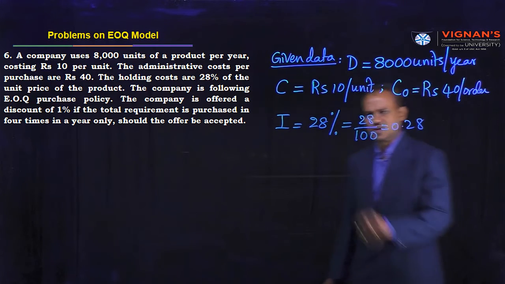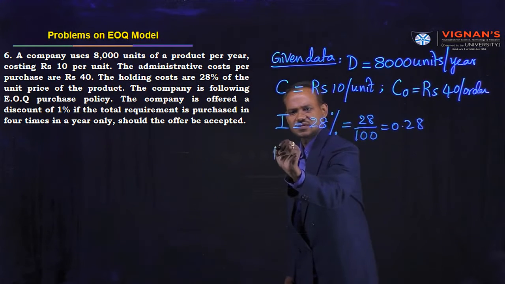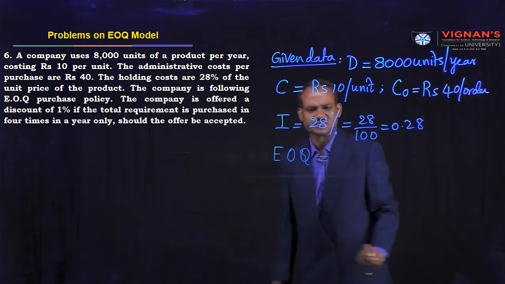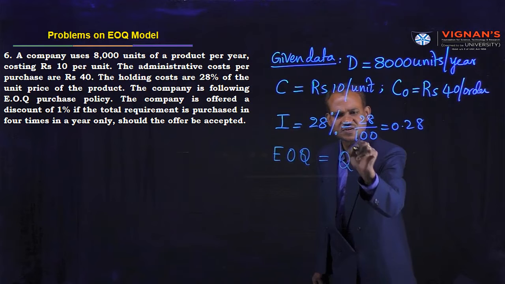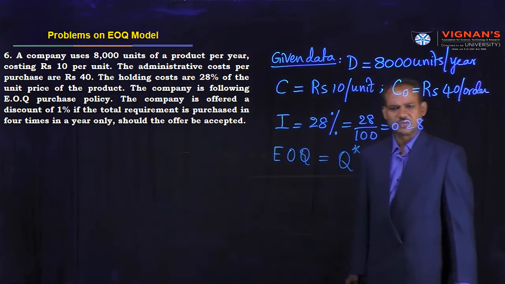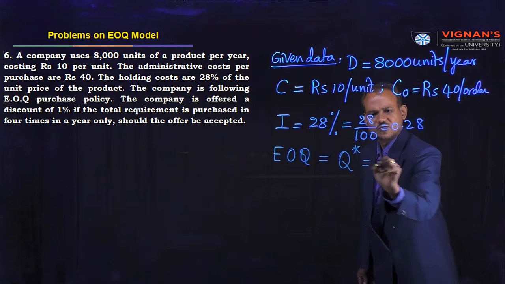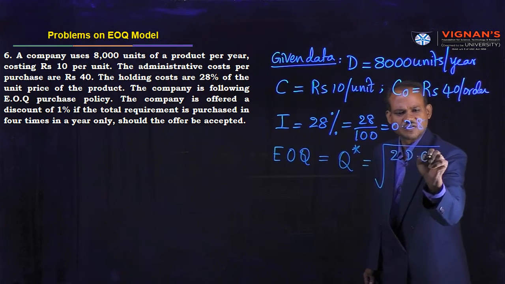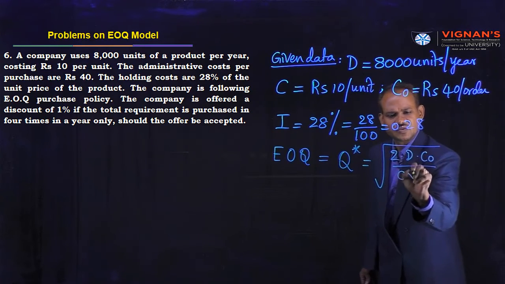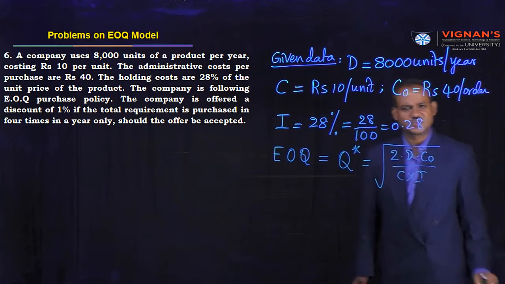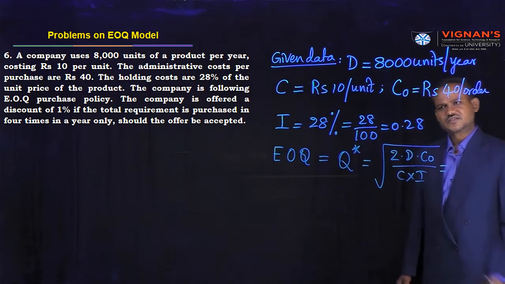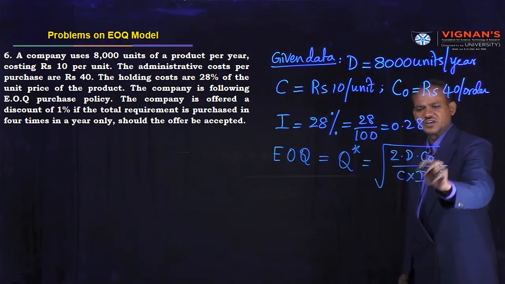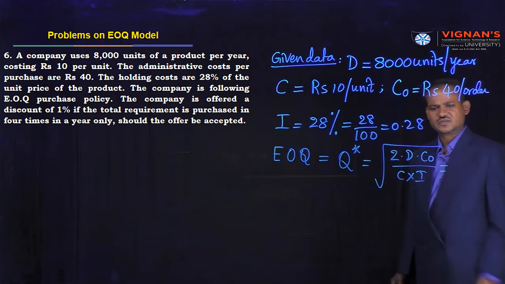Okay, first of all, calculate EOQ, because the company is following EOQ policy. It is represented by Q star, the optimum ordering quantity. We know the formula: square root of 2 into D into C naught divided by C into I. Substitute all the given values. We know the D value, C naught value, C value, I value.